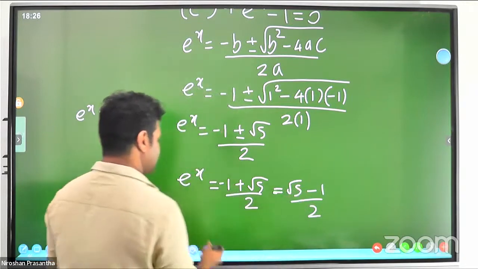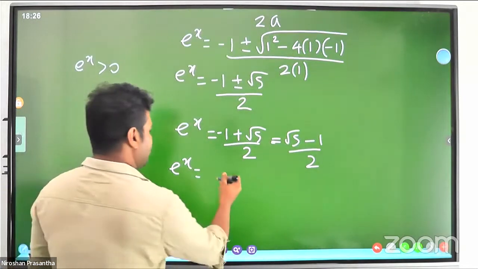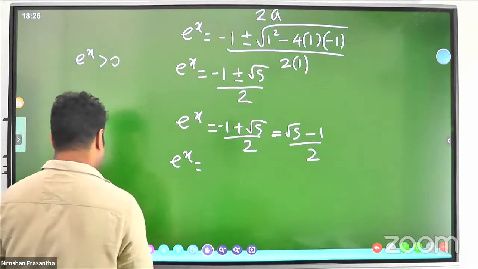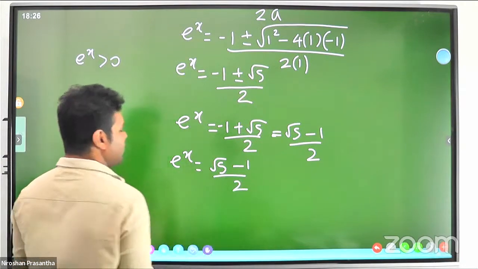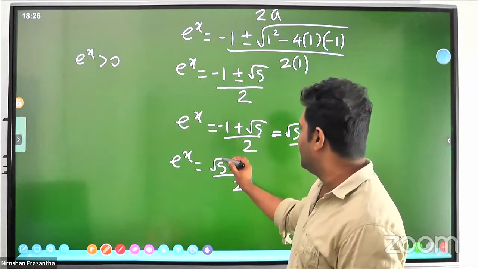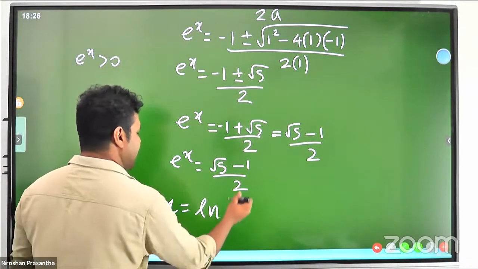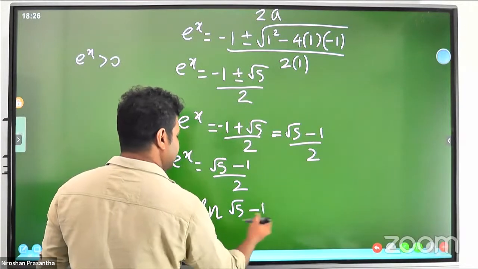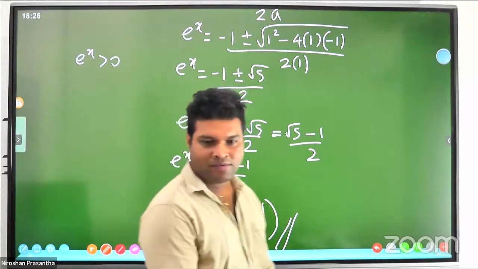If e^x equals root 5 minus 1 over 2, what is x then? x is ln of (root 5 minus 1) over 2.